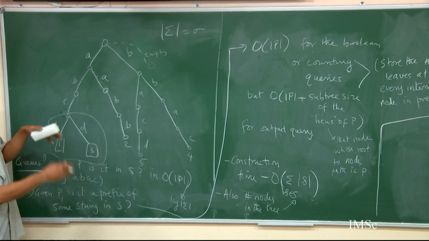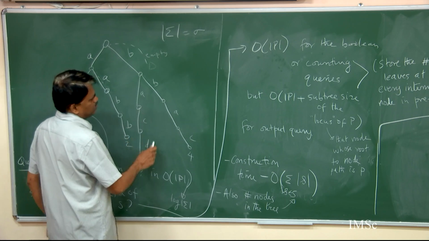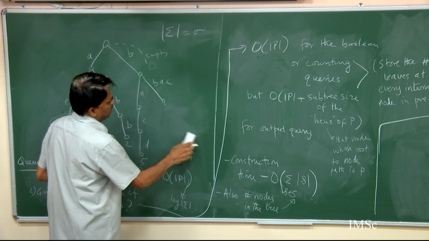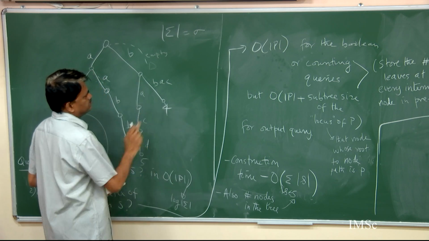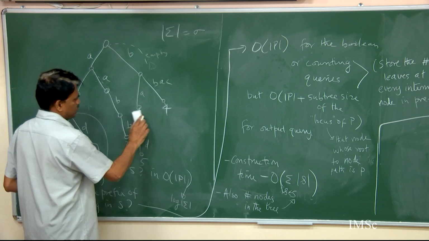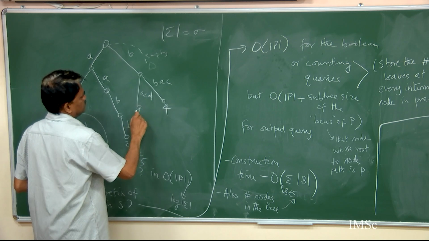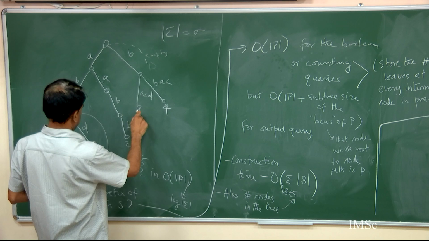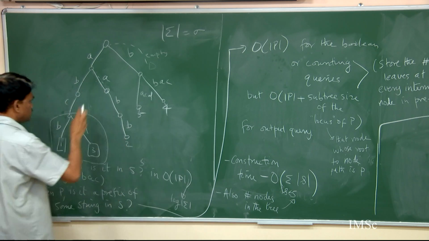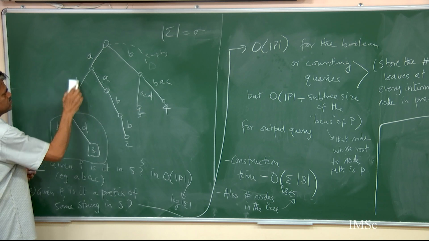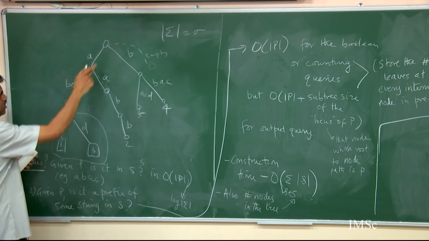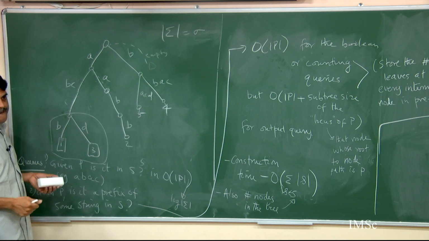Otherwise, I concatenate all of this; for example, this would become one child with the label now BAC. Okay, so, this would become whatever that number was, 5, and so on. Okay. So, here for example, this would become BC, and then it will branch to B and D. So, ABCB, ABCD. Right.